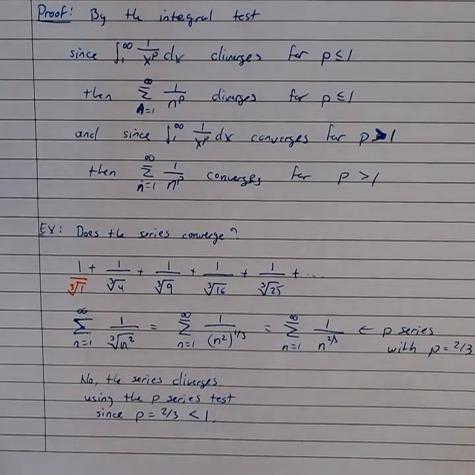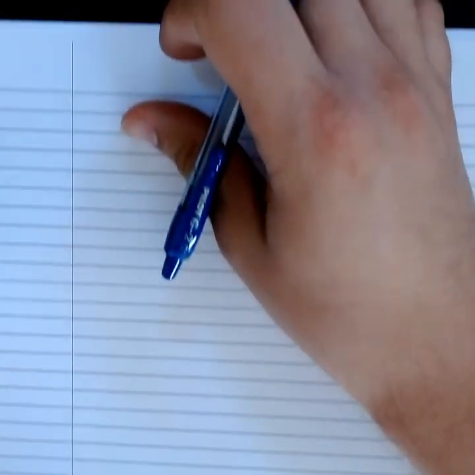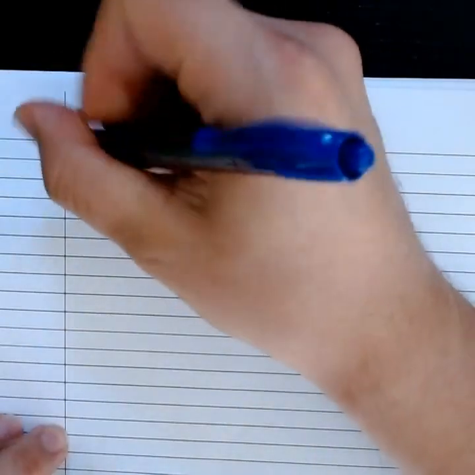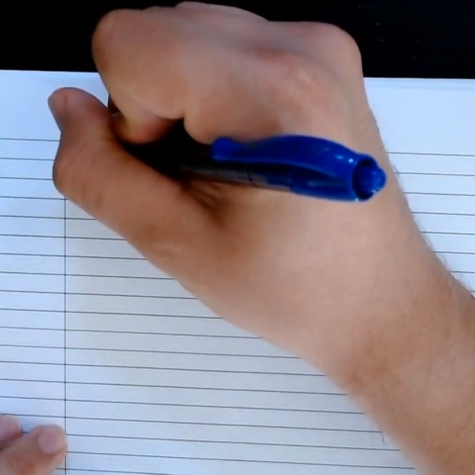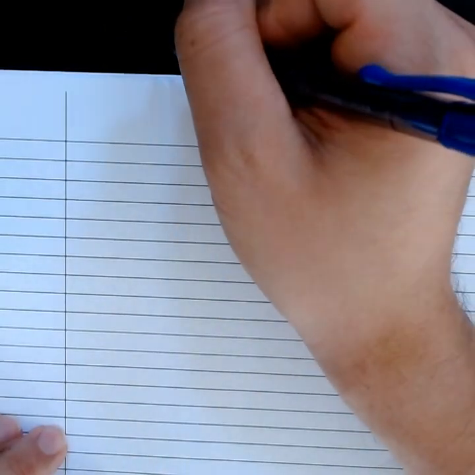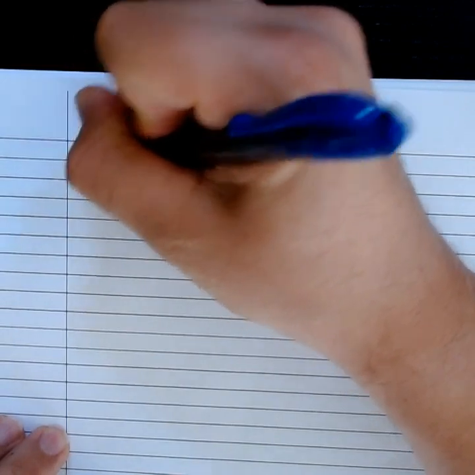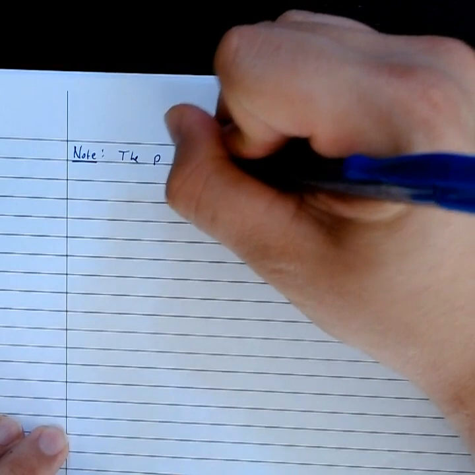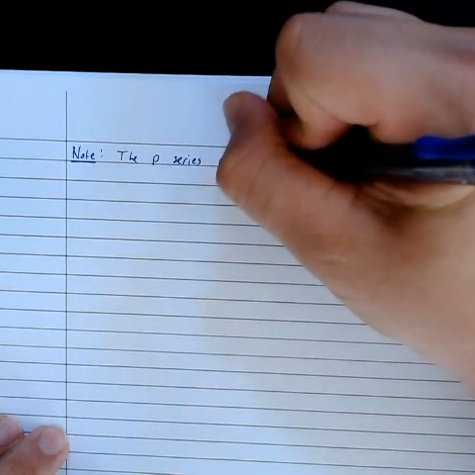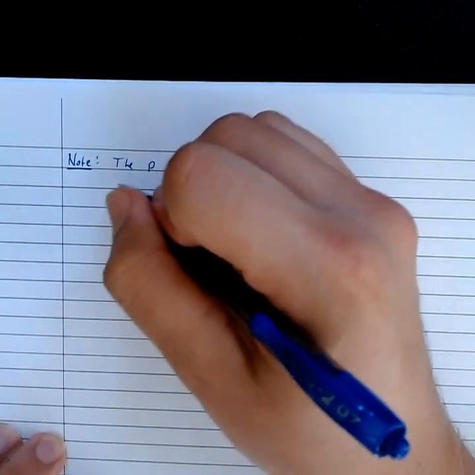At this point, we should also make a note that there is a special case of the p-series, which is called the harmonic series. I wouldn't really even call this a theorem. Let's just say note. The p-series with p equal to 1, which would look like this.